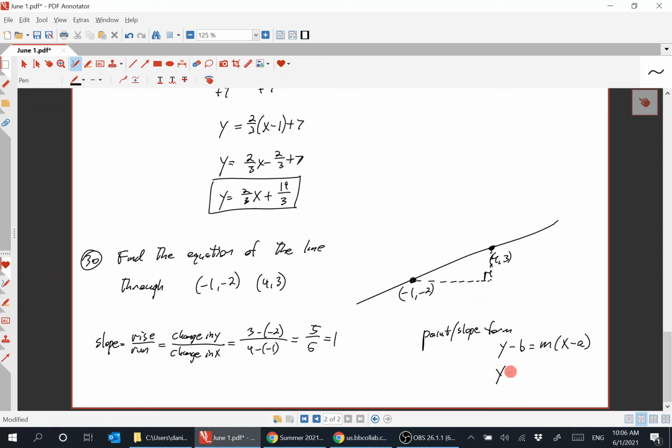You can pick either point. y minus 3, the y-coordinate, equals 1 times (x minus 4). So that's an acceptable answer, or you can add 3 to both sides and just get y equals x minus 1. So slope 1, y-intercept negative 1.